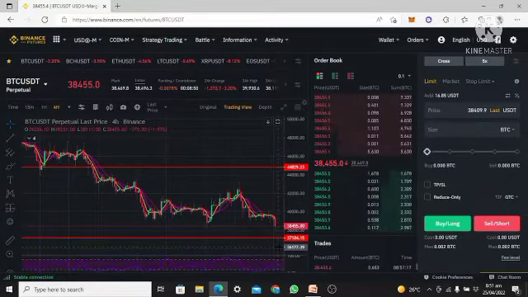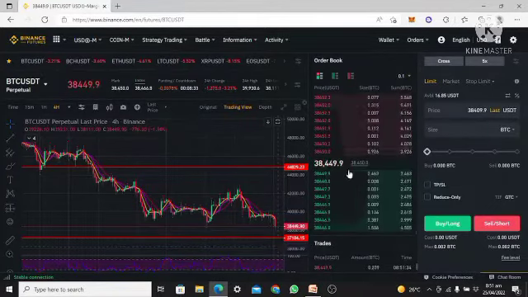Then in cross margin, that automatically means it is going to use your balance in your account to fill in the loss, to protect the position you are in.